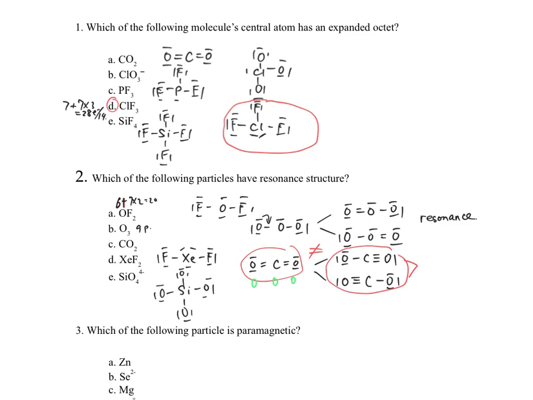For these 2 equivalent structures, for the single bonded oxygen, you have 6 original valence electrons minus 1/2 of 2 bonding electrons, so 6 minus 1 minus 6 non-bonding electrons, which is -1. Carbon would still be 0, and this oxygen would be 6 minus 1/2 of 6 bonding electrons, so 6 minus 3 minus 2, which is +1. And of course, the opposite on the other one: +1, 0, and -1.